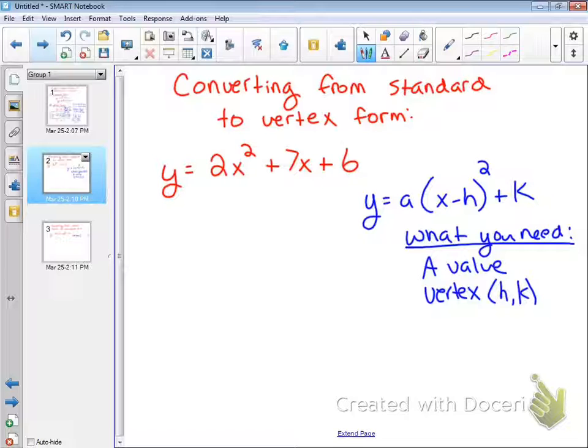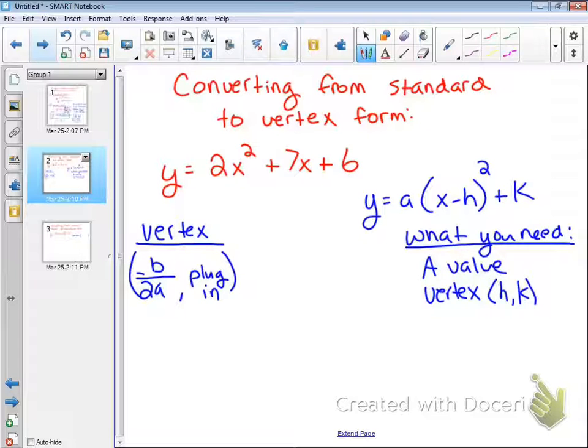Now, we know how to find the vertex. We've been doing this for a while now. To find the vertex, we use opposite of b over 2a and then plug in. So opposite of b over 2a, that's negative 7 over 2 times 2, which gives me negative 7 over 4.